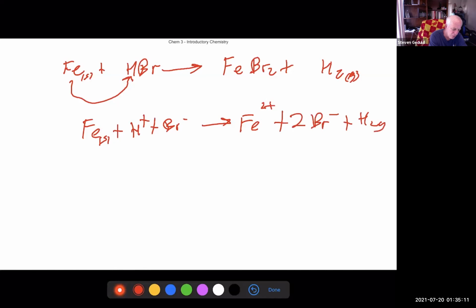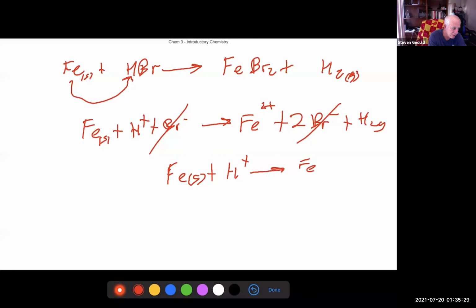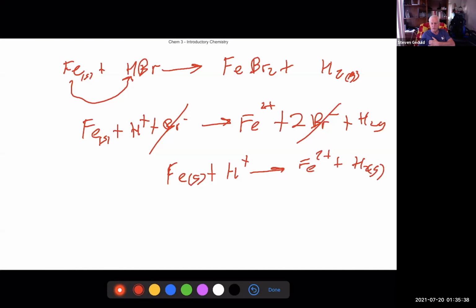Bromines cancel, and you're left with Fe solid plus H+, which is your acid, goes to Fe2+ plus hydrogen gas. Okay, so a little bit different, but still the same concept. You got your molecular equation, you got your total ionic equation, and you got your net ionic equation. The net equation is crossing out the spectator ions.